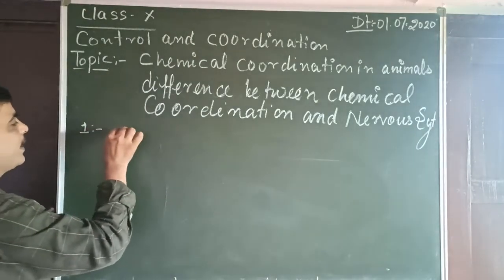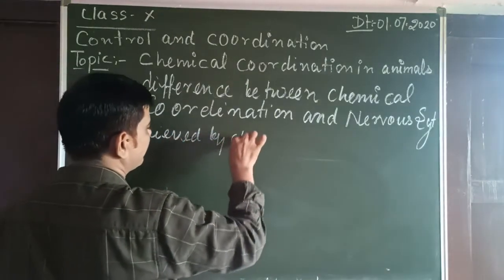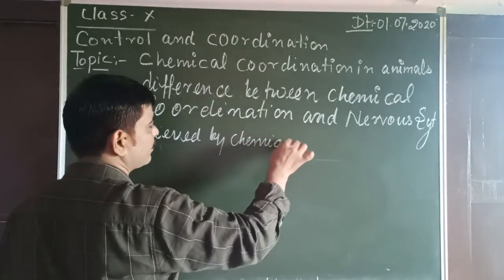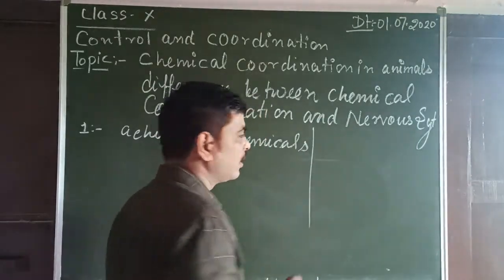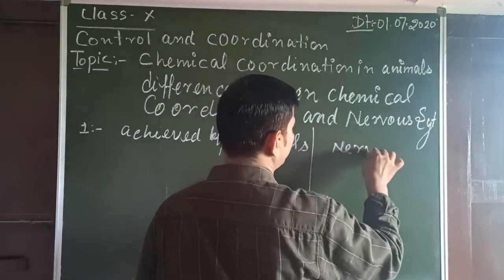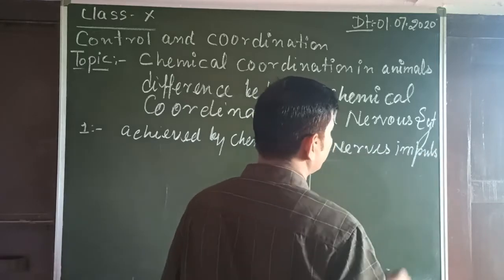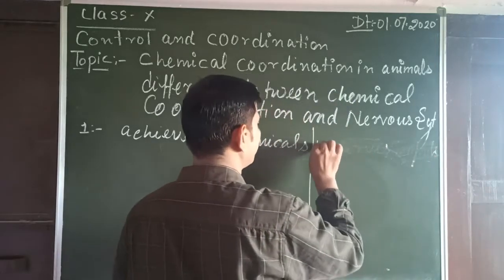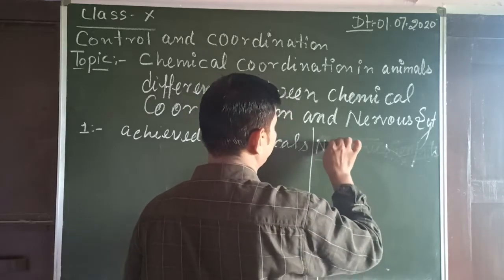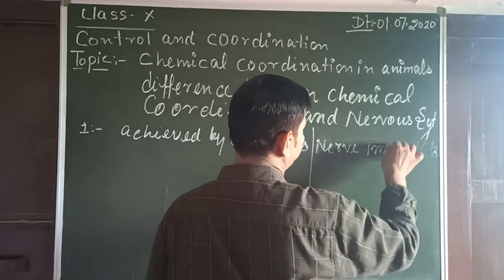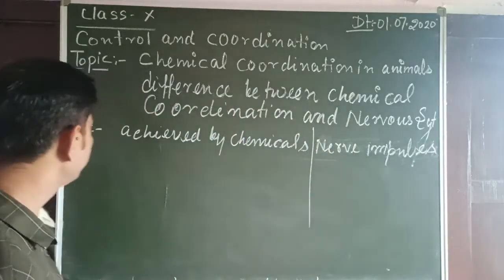Chemical coordination is achieved by chemicals, and nervous coordination is achieved by nerve impulses. You have to write complete sentences.